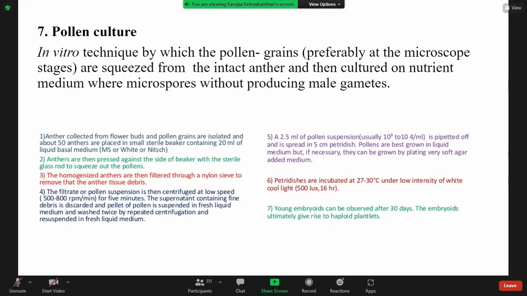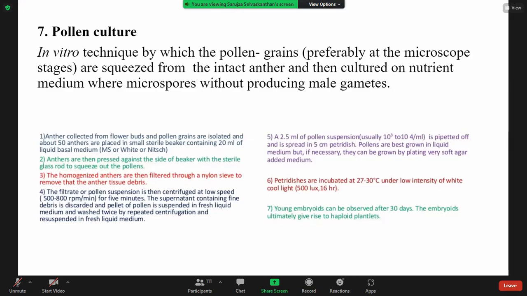The homogenized anthers are then filtered through a nylon sieve to remove the anther tissue debris. First, we sterilize the anthers, right? And we put them in the liquid basal media, in a beaker or in a conical flask. A beaker is easier for the squeezing.